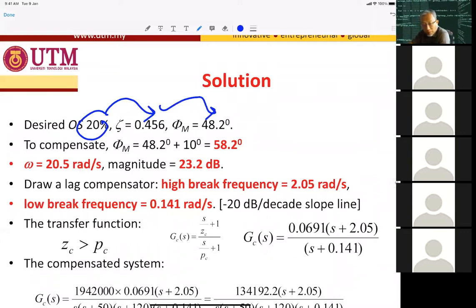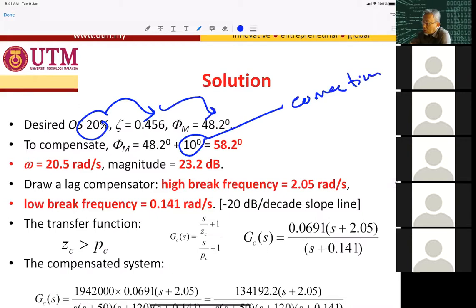In order to compensate using a lag compensator, we add a correction factor. This one you must follow. Use a correction factor of 10 degrees, so that our new targeted phase margin is 58.2 degrees. Doctor, is the correction factor always 10 degrees?